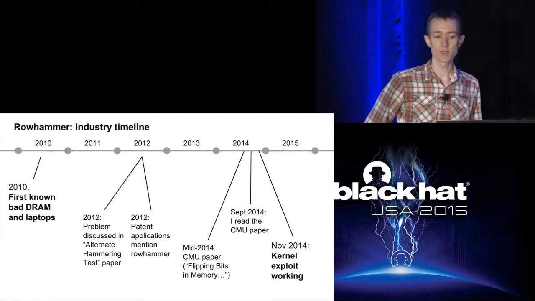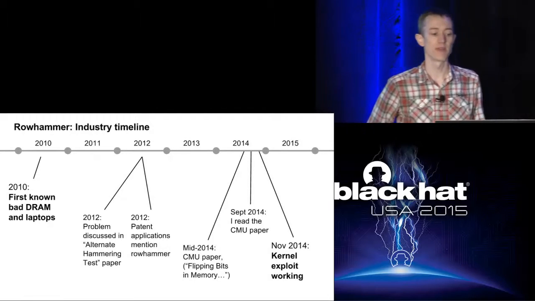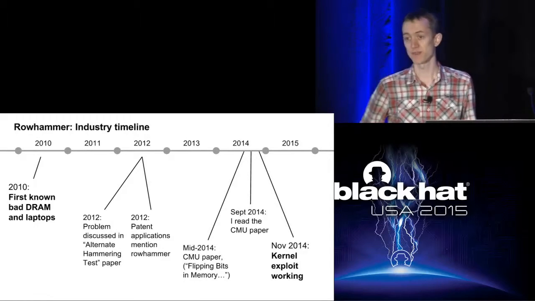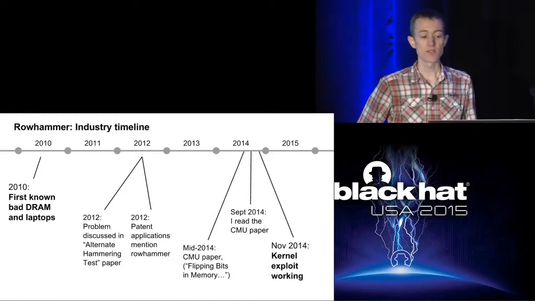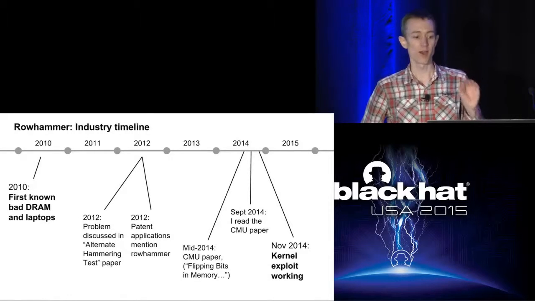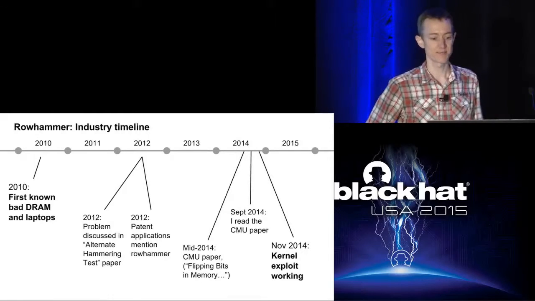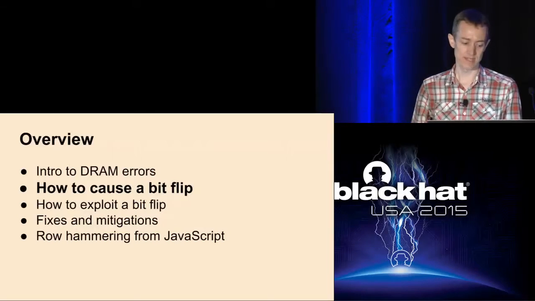The earliest laptops and DRAM that I know of that had the problem are from about 2010. And there's a paper and some patent applications about the problem from 2012. So the industry knew about this for a while, but it was generally keeping quite quiet about the problem until the splash made by the CMU paper last summer.